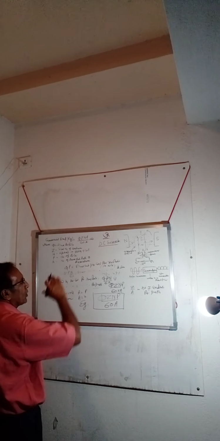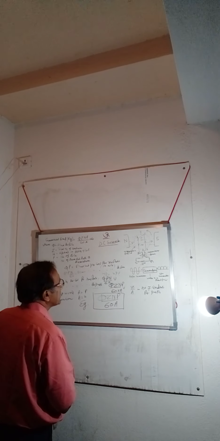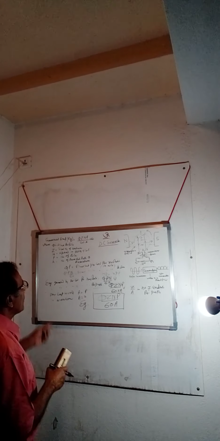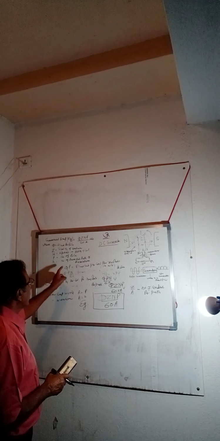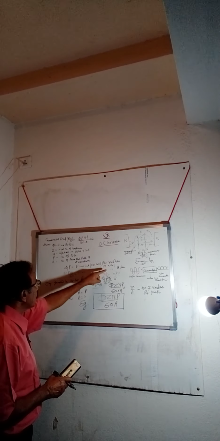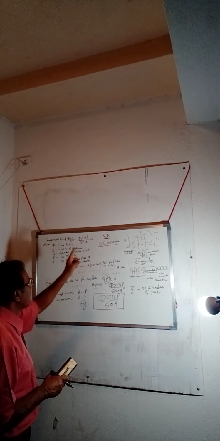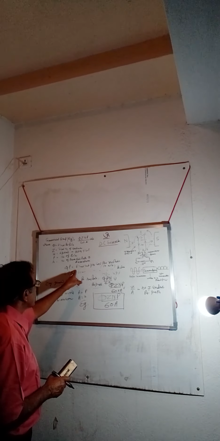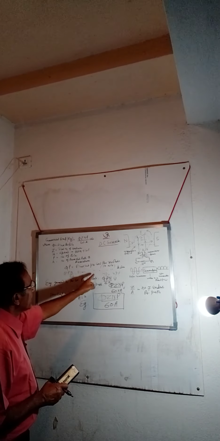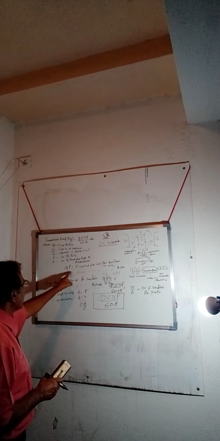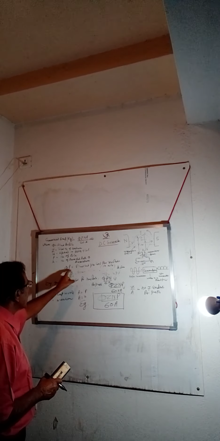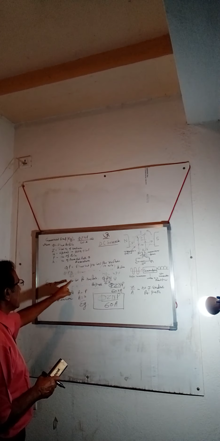So now the DC generator concept is very clear. There is no doubt anywhere in it. How the formula was derived: the main thing is the flux cut per pole, per coil per revolution, that is, how much flux is cut by one coil in one revolution. Then the flux cut per second: N by 60, where N is the revolution per minute and N by 60 is the revolution per second.